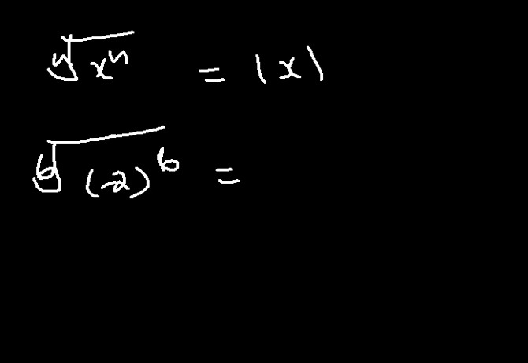Let's say we have the 16th root of negative 2 to the power 6. Now this is the same as having the positive value of 2, that will be given as 2, since the power is an even number.